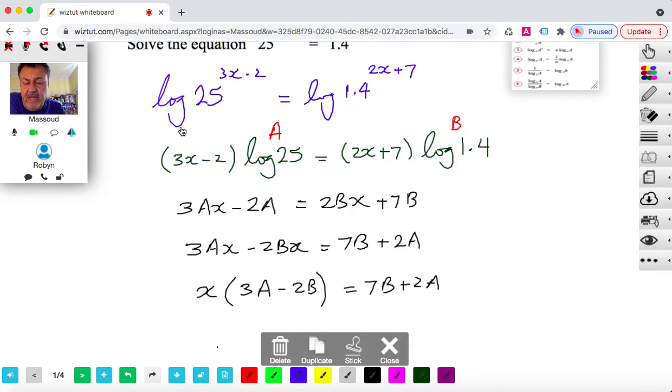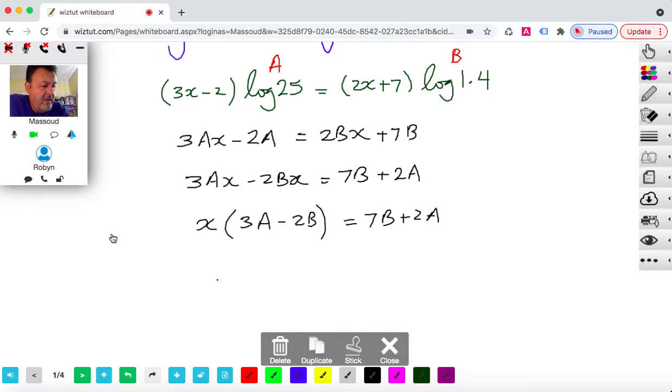And then finally we get x by itself, or isolate x. So x would be equal to (7b plus 2a) over (3a minus 2b).